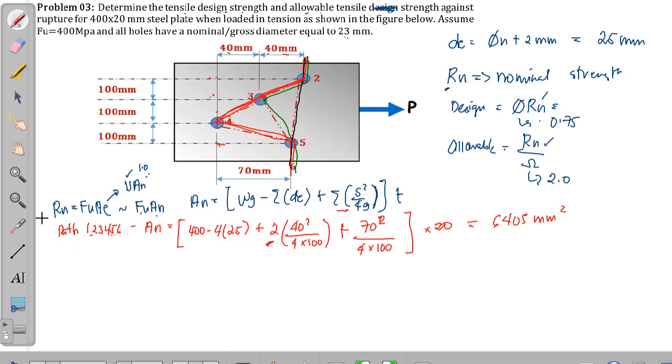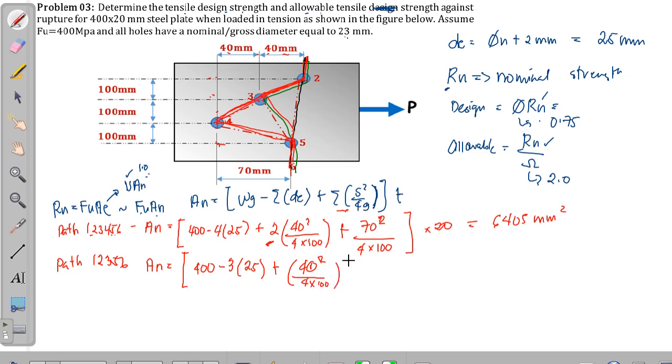So, another path. Let's take path 1, 2, 3, 5, and 6. So, our net area, gross width natin is 400 minus ilan yung dadaanan ng butas pag ang path failure natin is 1, 2, 3, 5, and 6. So, tatlo. So, 3 times 25. So, plus, we have 40 squared over 4 times 100. That is for 2, 3.